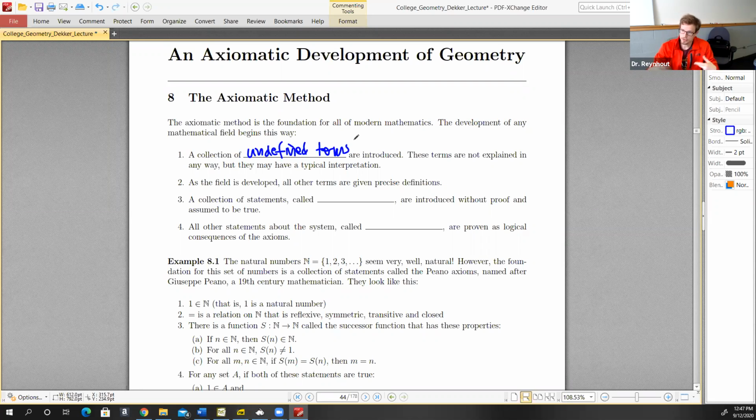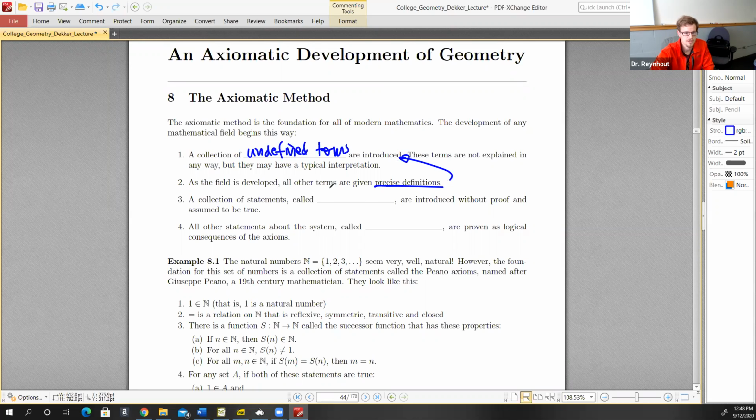A lot of times we have experience with a particular area of mathematics, and so we have a usual interpretation of what these things are, but formally they're undefined. So we take these undefined terms and we learn things, observe things, develop things, and these things we give precise definitions in terms of the undefined terms.